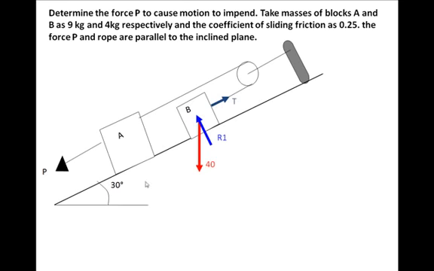And similarly for body A, there is a weight, there is normal reaction, and there is tension, and there is this force P. In addition to these, both free bodies will have frictional force at the surface. Now, I want you to note the direction of friction. Because A wants to go down, friction is opposing it, it's up. Because when A goes down, B automatically goes up, and therefore friction is down.